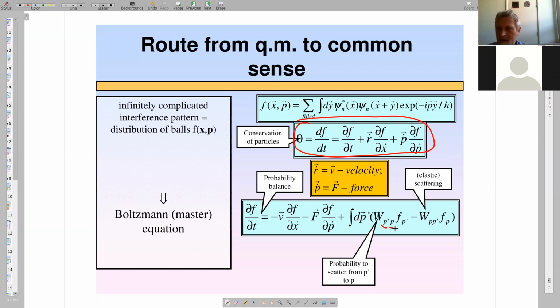And one can plug it into this equation. There are two terms. That's why I recall bookkeeping. There are terms which describe probability loss. In this case, we look at the filling factor at p, and it scatters to all other states. So I sum up over all other states. The probability to be in state p gets lower because of the scattering. That's a kind of expense. What is income?